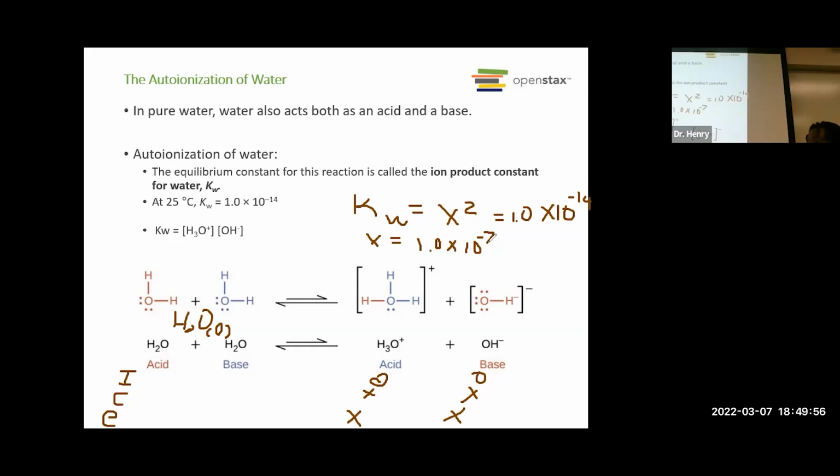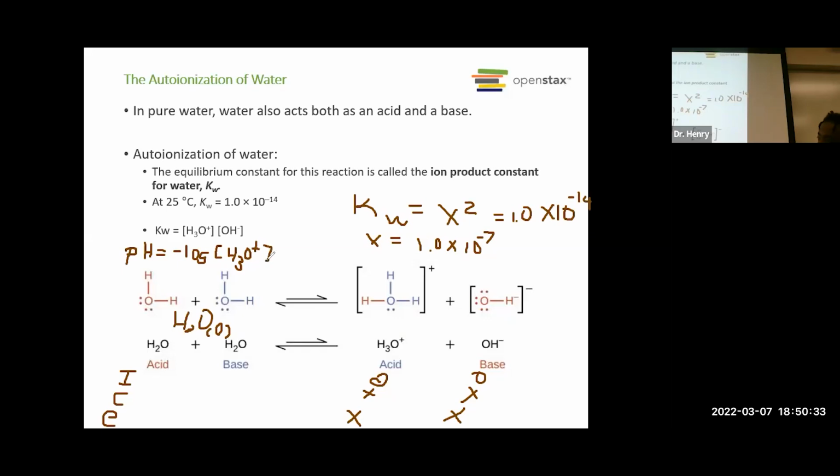Okay, so if we think about that, the concentration of water being ionized is 10 to the minus 7. Then if we calculate our pH, it is going to equal minus the log of the concentration of H3O plus.